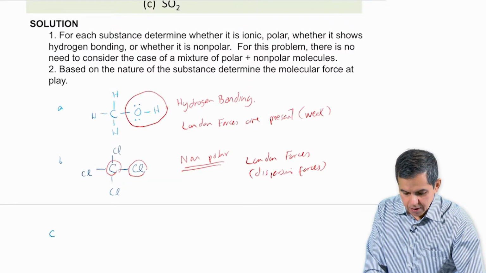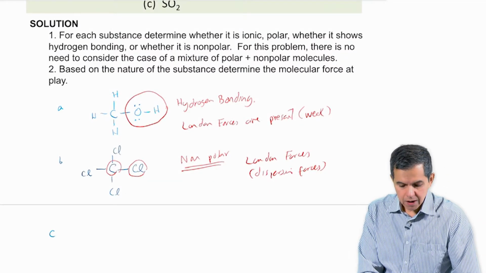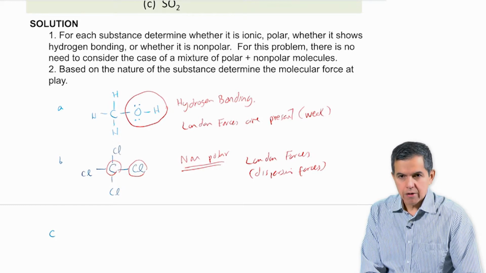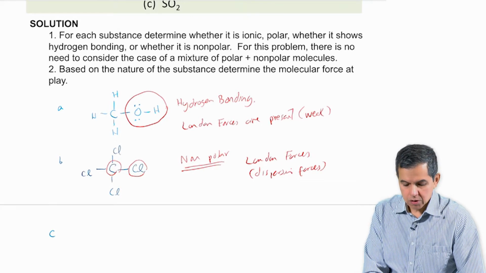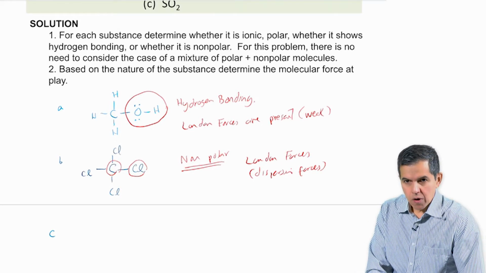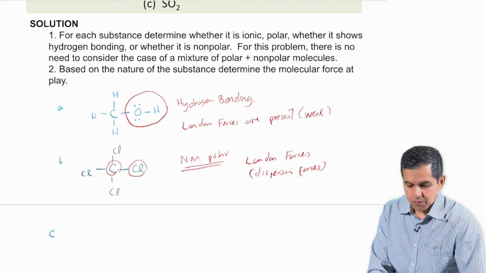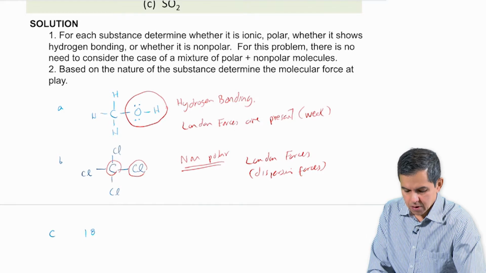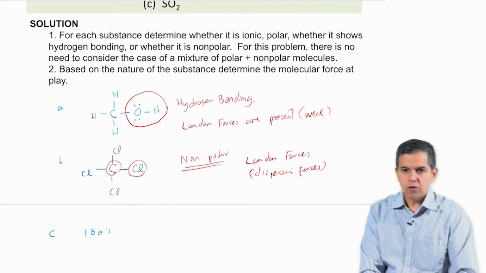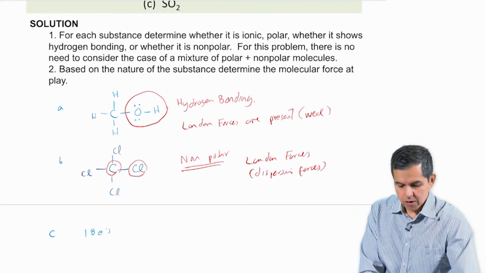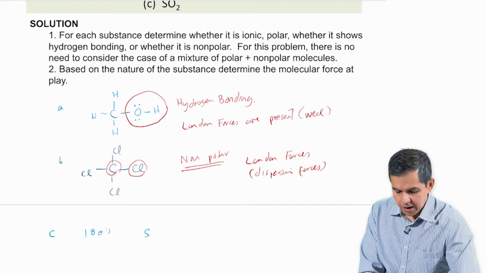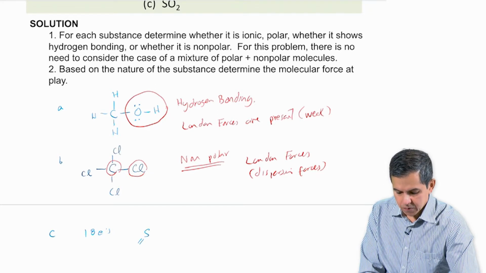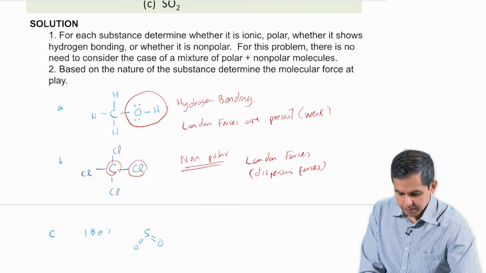For part C, sulfur dioxide, what is important to consider is the Lewis structure of sulfur dioxide. We know that this molecule is going to have 18 valence electrons. And if we try to allocate them to the molecule, what we'll end up having is a V shape.